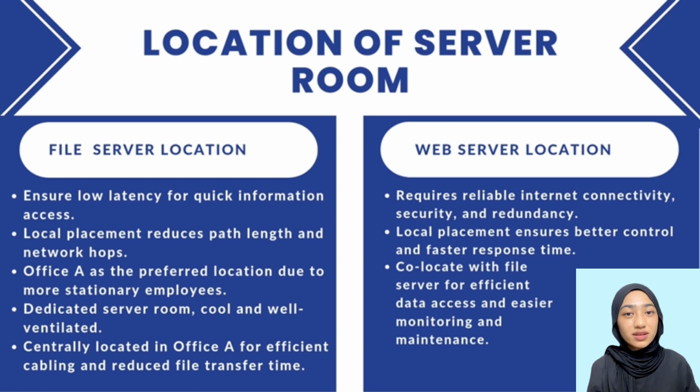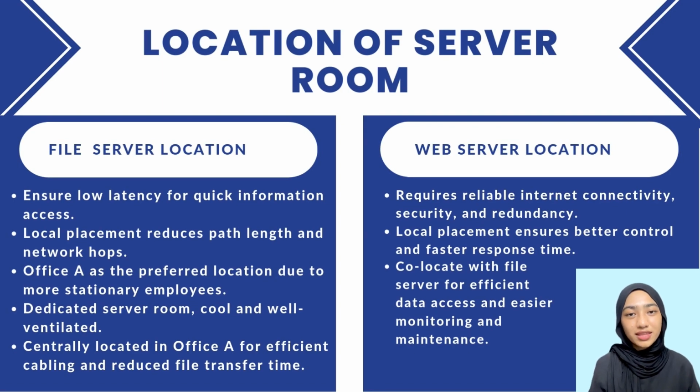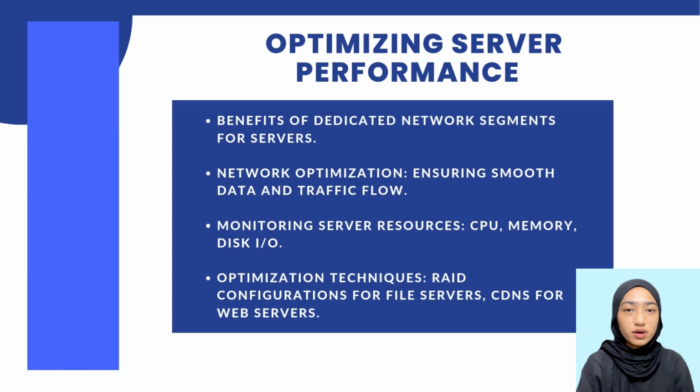As for the web server, it should be placed in a location that provides reliable internet connectivity, security, and redundancy to allow better control over the server. So, it should be placed in the same server room in Office A for faster data access and easier monitoring and maintenance.